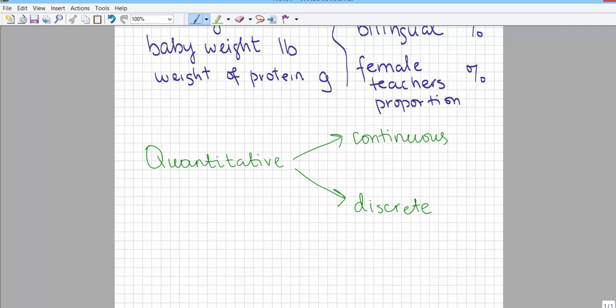Okay, this one is a little bit counterintuitive. It's not so easy to understand at first, but once you do, it's not so bad. Think about the following trick to remember. Continuous data can take any decimal value. Any decimal value is possible.